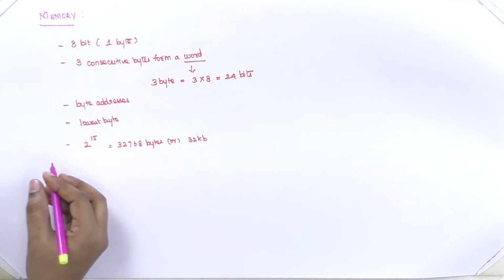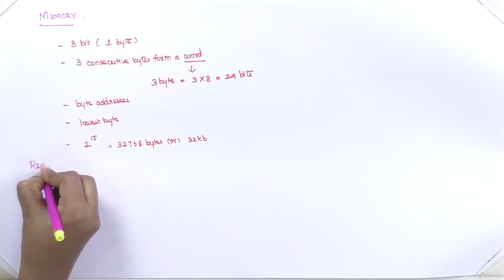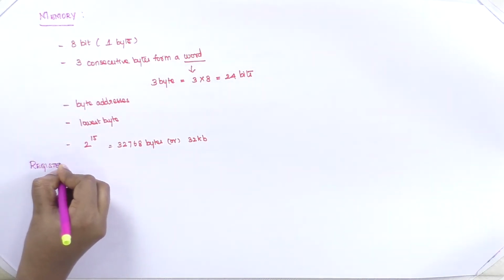So next is registers. What is meant by a register? A register is one of a small set of data holding places which is a part of the computer processor. It may hold instructions, storage addresses or any kind of data. In our SIC there are about 5 registers.